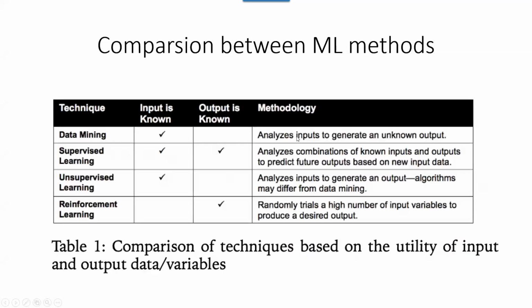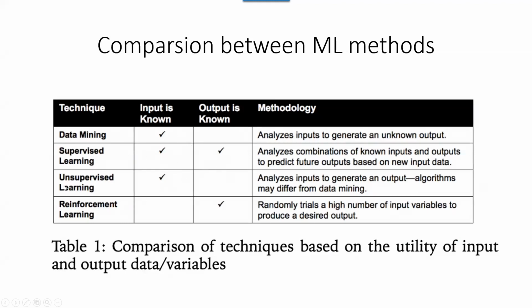So the comparison between the previous four methods regarding the input and output: in data mining, we know the input, but we don't know the output, so the algorithm will predict the output. In supervised learning, like classification or regression, we know the input and we know the output.